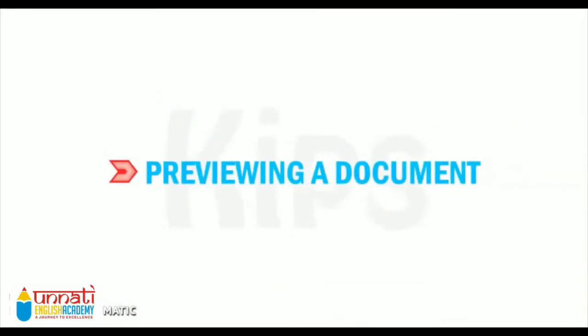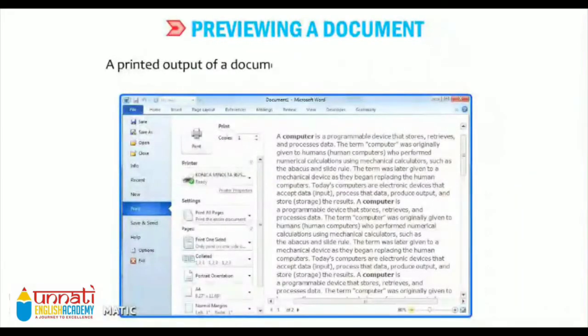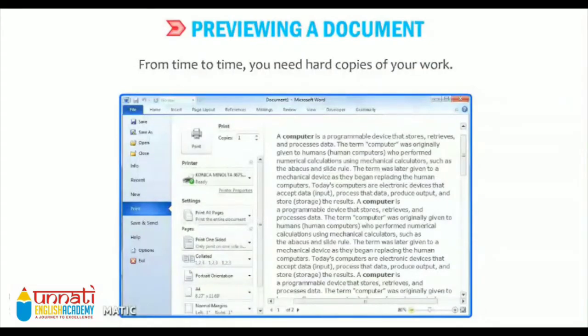Now let's see how to preview a document. See, there is one definition over here. A printed output of a document or an image is called a hard copy. Remember, what is hard copy? The printed document. From time to time, you need hard copies of your work.